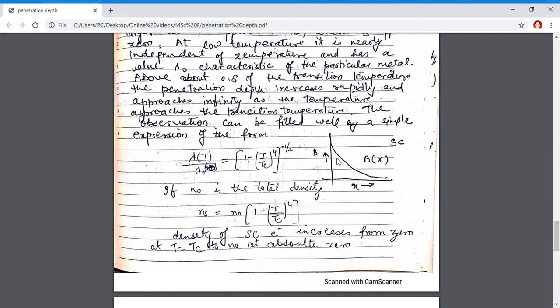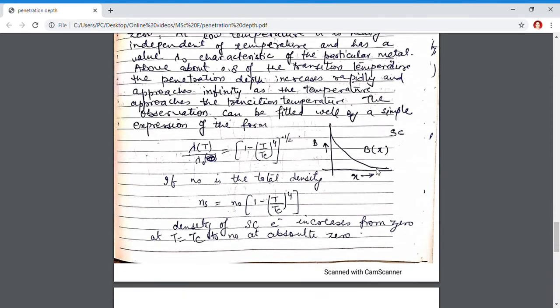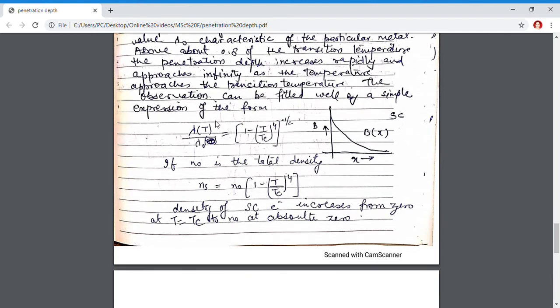Magnetic field variation with distance is shown in this graph. Lambda variation with temperature can be expressed by a relation of the form lambda upon lambda 0 equal to 1 minus T upon Tc raised to the power 4, this whole to the power minus half. We know that the density of superconducting electrons is also dependent on temperature.